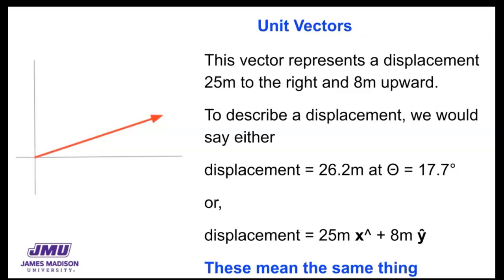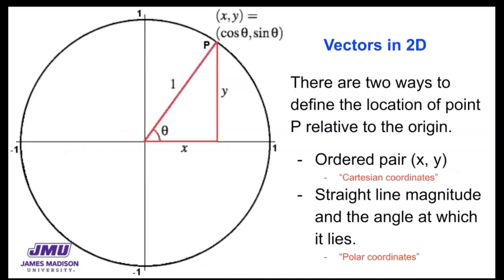To describe this displacement, we would either say the displacement is 26.2 meters at an angle of 17.7 degrees above the positive x-axis, or we could say the displacement is 25 meters x hat plus 8 meters y hat. These mean the exact same thing. So using unit vectors can spare us some algebra and some trigonometry, depending on the wording of the question.